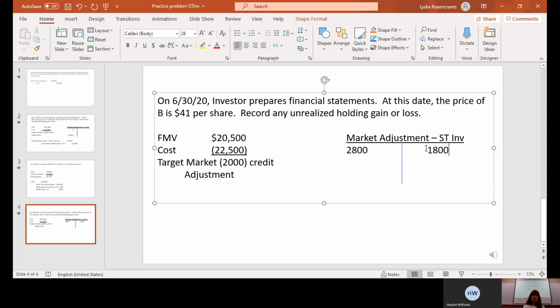Okay. So when we started this revaluation, the market adjustment had a debit balance of 1,000 left. Everybody see that? Okay. We want it to have a credit balance, so the ending balance needs to be a credit of 2,000. So how am I going to get it from a debit of 1,000 to a credit of 2,000? What do I need to do?